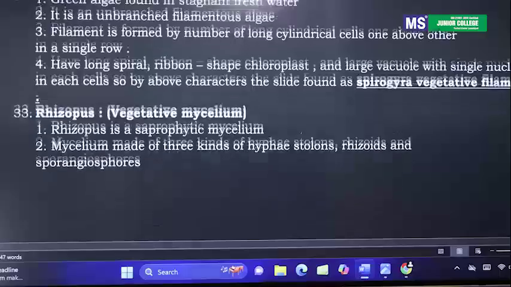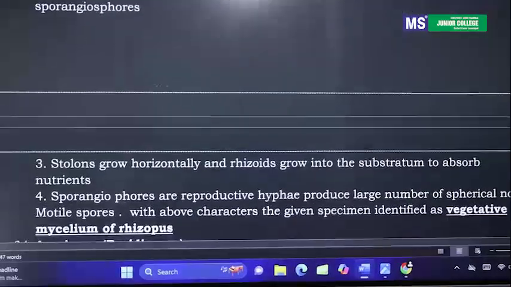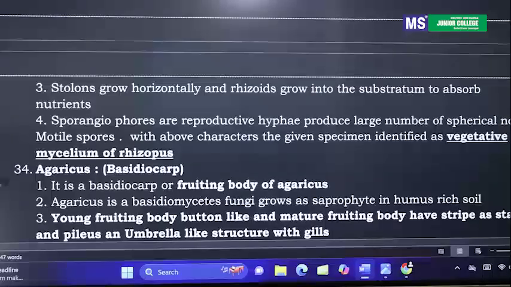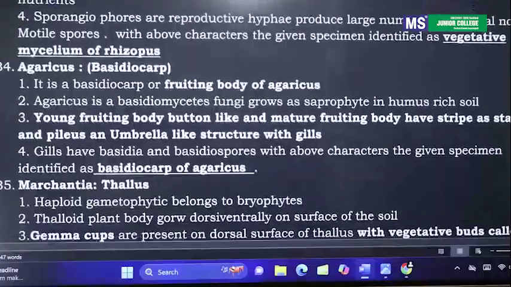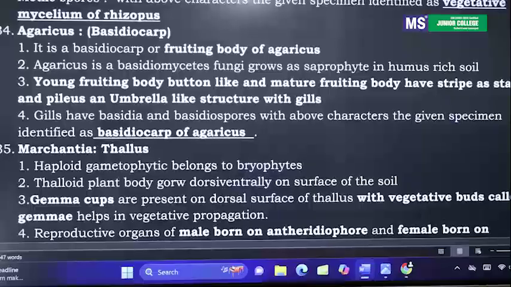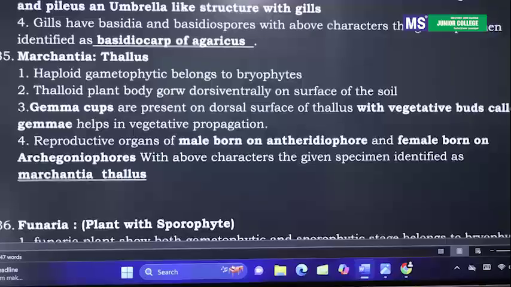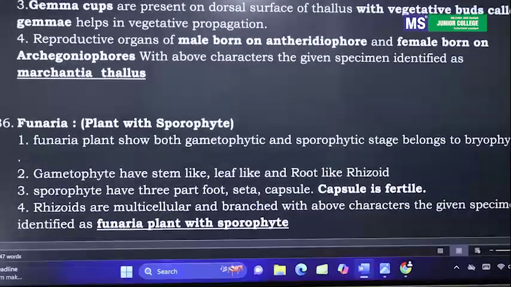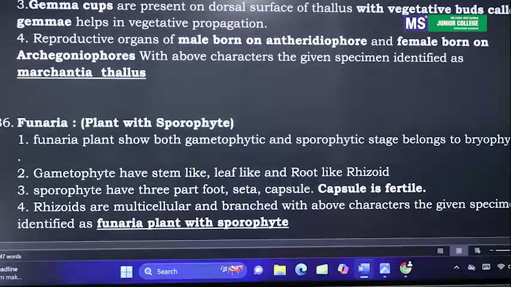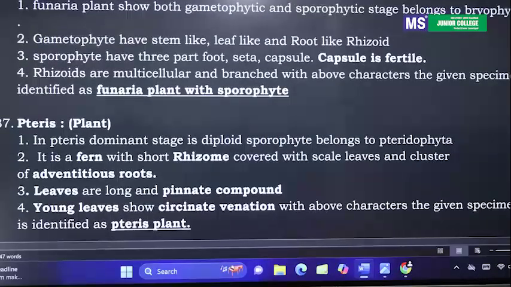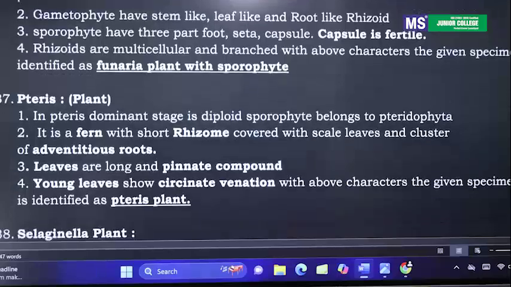Rhizopus, vegetative mycelium. Agaricus, a basidiocarp. Marchantia, a plant body which is a thallus. Funaria, a plant with sporophyte. Pteris, a pteridophytic plant.